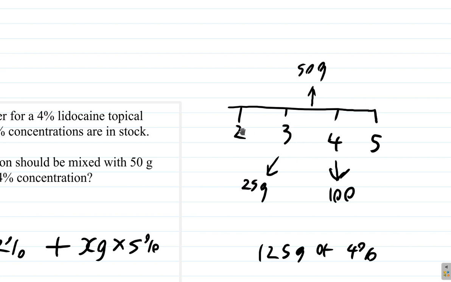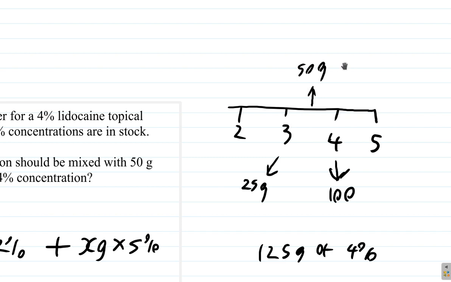So to go now from 2 to 3.5%, we need 50 grams of the 5%. And then to go from 2 to 4%, we need 100 grams of the 5%, right?